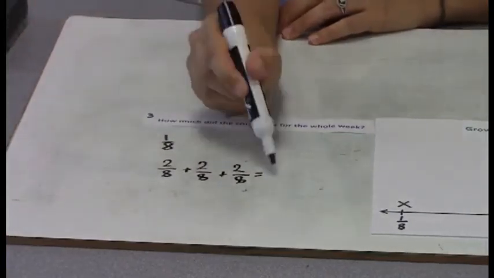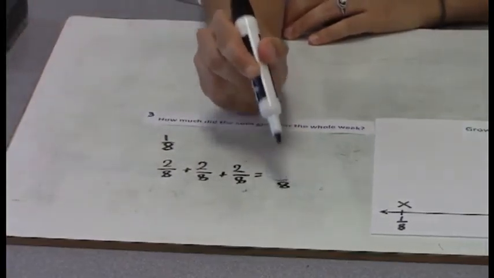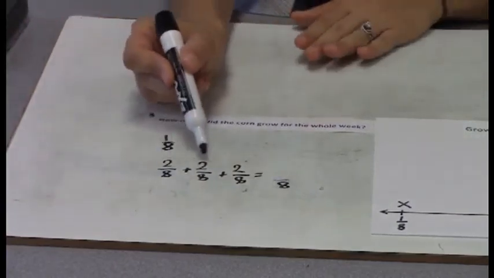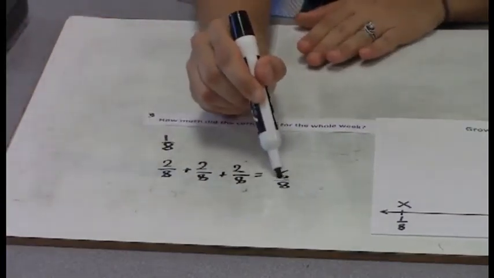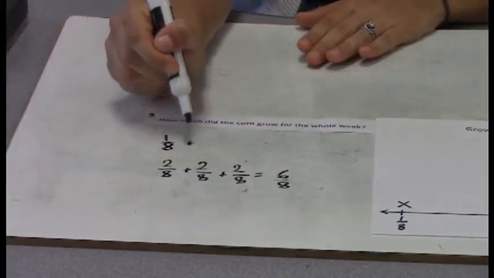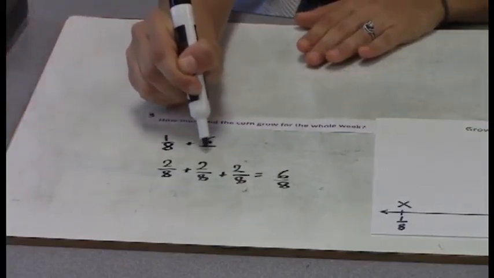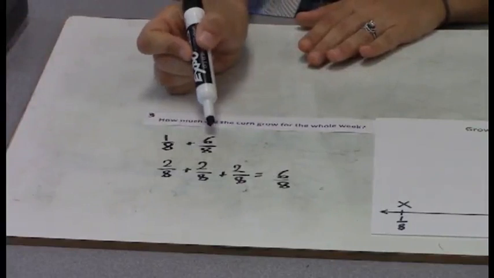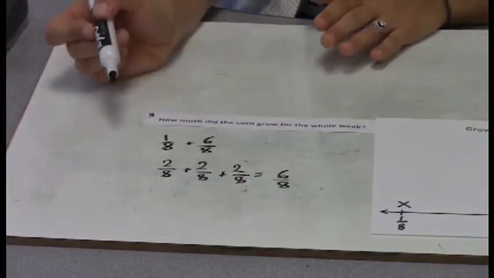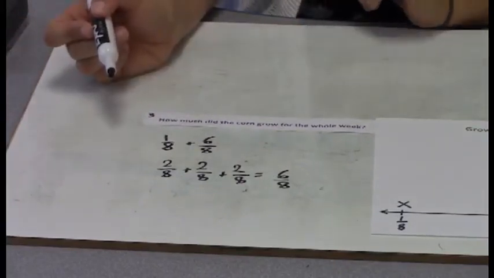I'll keep my denominator the same, and then I'll add my numerator, 2, 4, 6. So the total will be 6/8. And I will just add this up here next to 1/8, because this will then be my final equation so I can find my final total for the amount of growth the corn made.